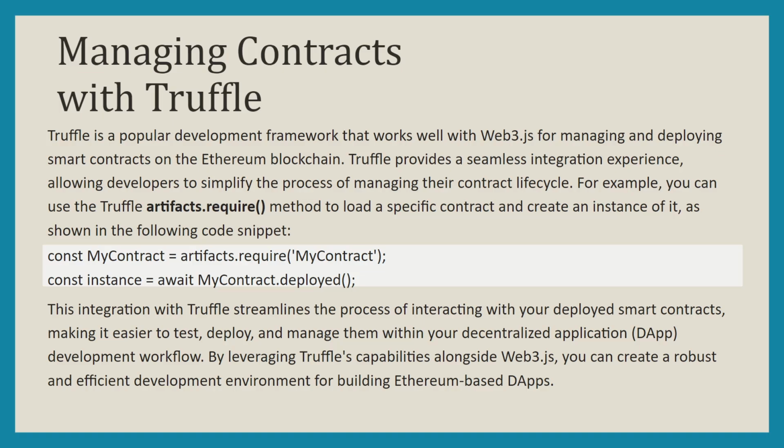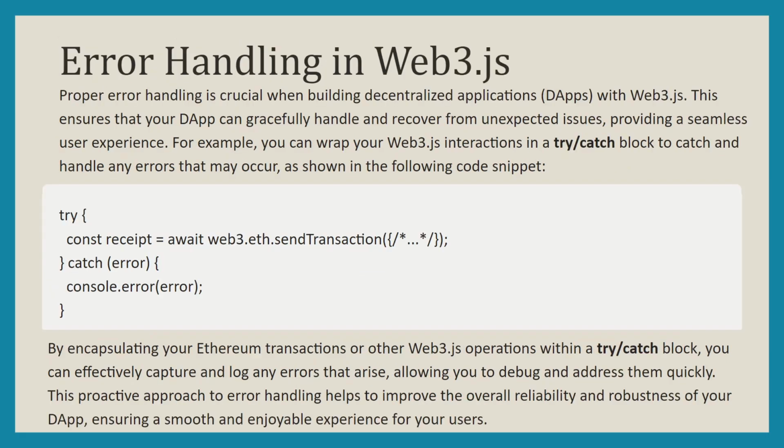So this integration with Truffle streamlines the process of interacting with your deployed smart contract, making it easier to test, deploy, and manage them within your decentralized application (dApp) development workflow. By leveraging Truffle's capabilities alongside Web3.js, you can create a robust and efficient development environment for building Ethereum-based apps.